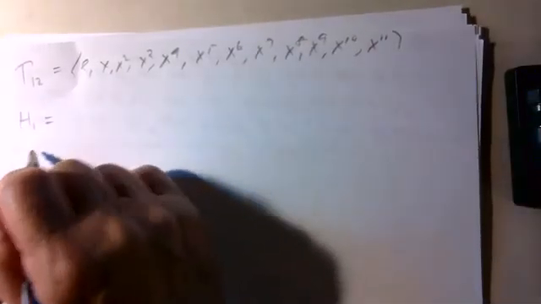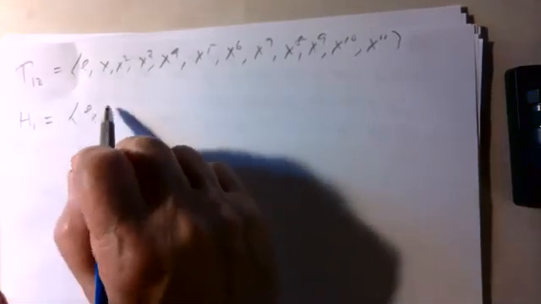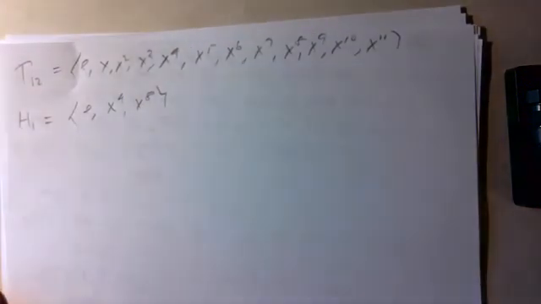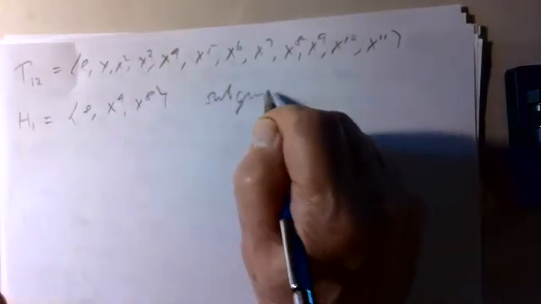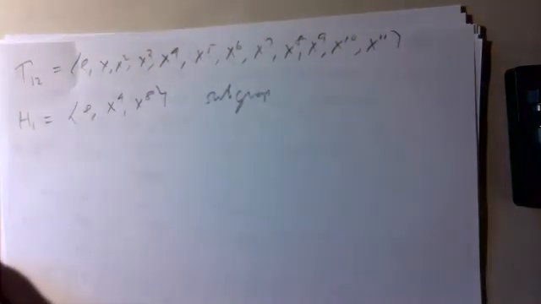And we have a subgroup H1, which is, for example, E, X to the fourth, and X to the eighth. This is a subgroup. It's closed under multiplication. It's just powers of X to the fourth.